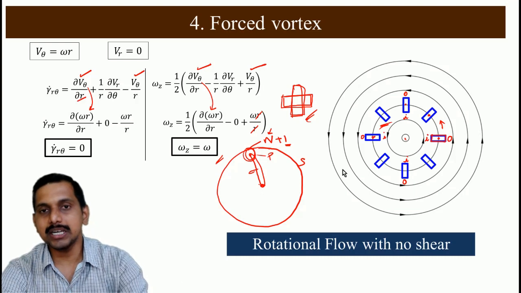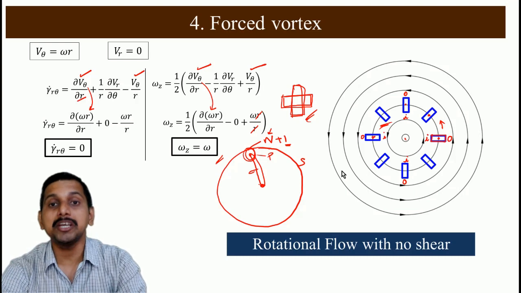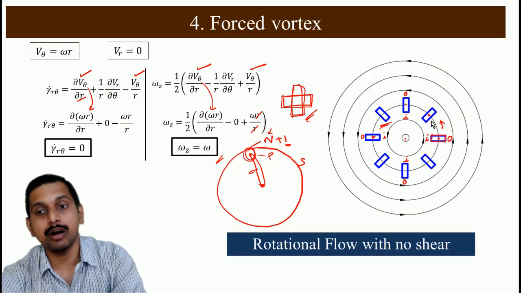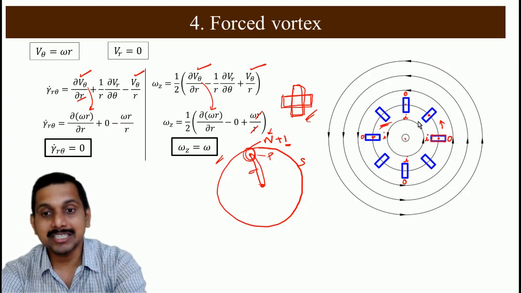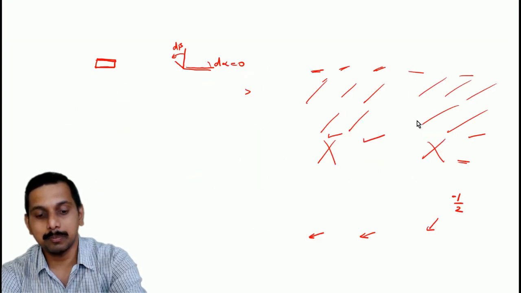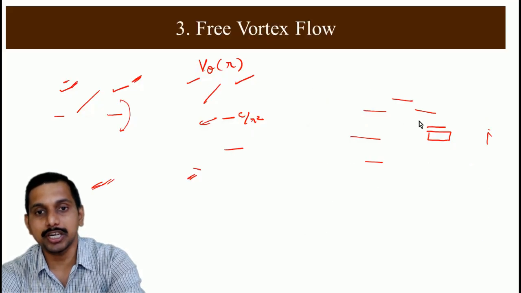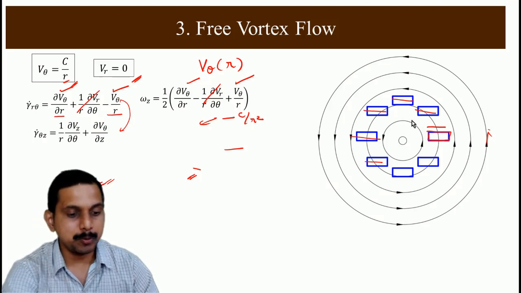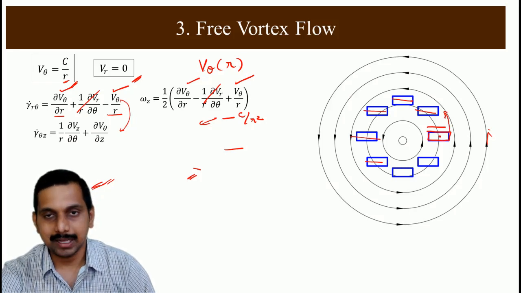Now in the case of free vortex flow, what is happening? Shearing is happening. There is deformation because it has to deform so that it will counteract the rotation. I promised you I'll come back to the previous slide. Now in the second case, which is free vortex flow, when it is coming from this position over here, what is happening?